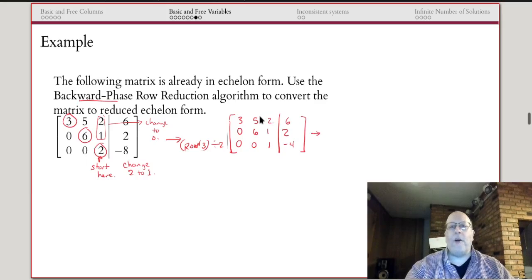And then from there, I'm going to cancel this 2 by subtracting twice row 3. So row 1 minus 2 times row 3. And we're going to take row 2, and we're just going to subtract row 3.